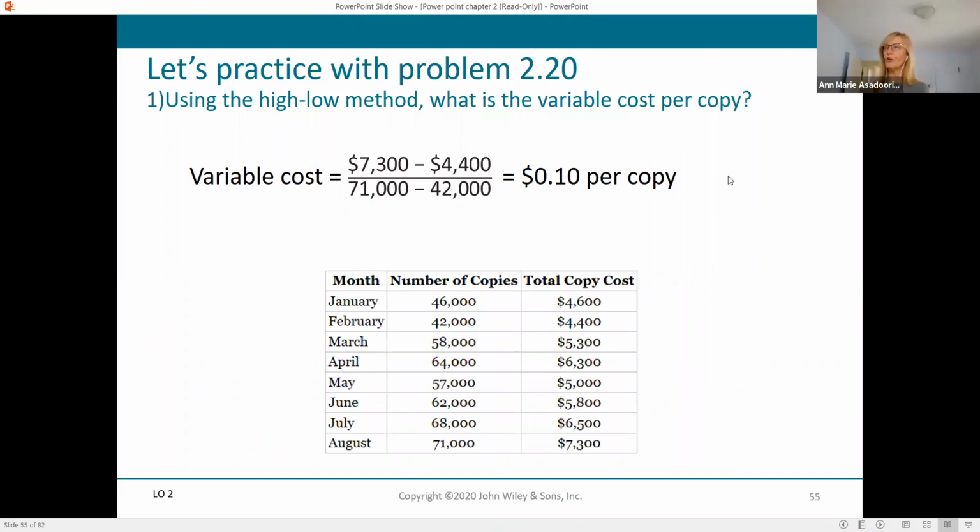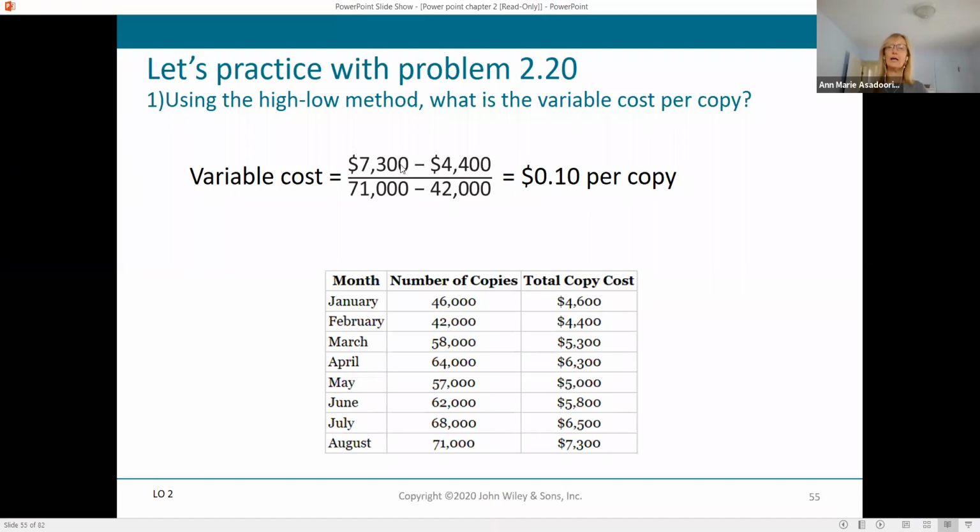Exactly. Now that you know variable cost per unit, you know how to calculate the variable portion of this, right? It's 10 cents per copy. If I want to get the fixed portion of this mixed cost, I'm going to take that mixed cost at the high, or if you want to do it again at the low volume, and back out the variable, and you'll be left with the fixed.